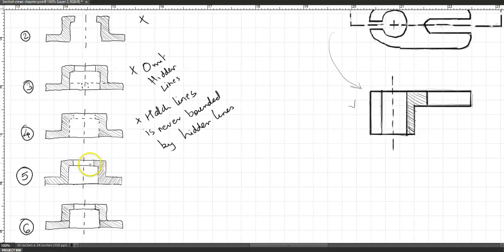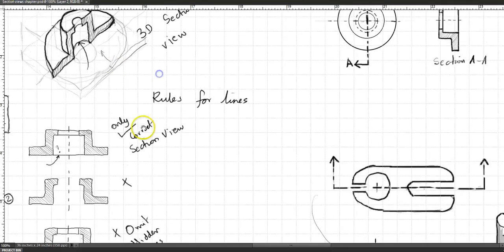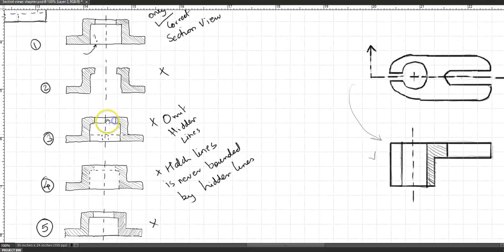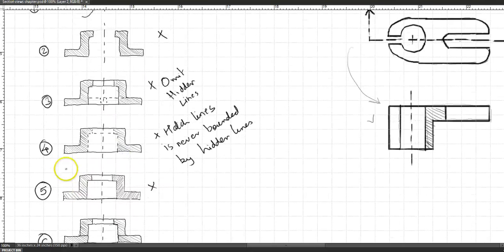Now we have 1 and 2 more left. Why is this wrong? This is tough to see, but if you look closely, the hatch for the same object, which is our object right here, the hatch lines for the object over here is going in this direction. By the time I get over here, the hatch direction has changed to an opposite direction. So what that means is this is a different object and this is a different object.